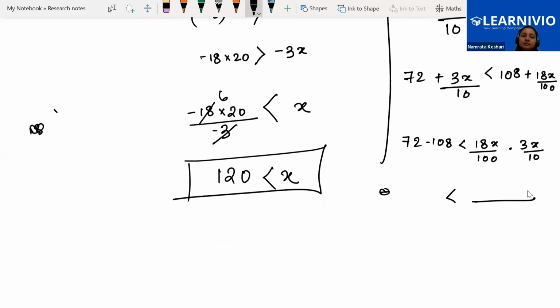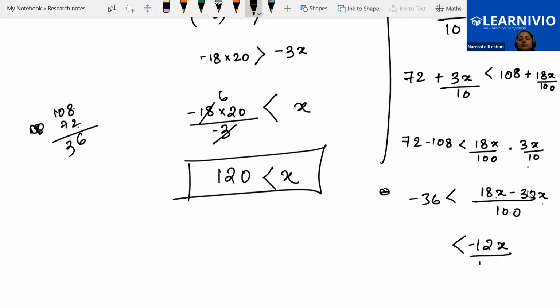What will be the LCM? LCM of 100 and 10 is 100. Here we will be having 18x, and here we will be having 30x. Now 18x minus 30x is minus 12x by 100, and 72 minus 108 is minus 36.